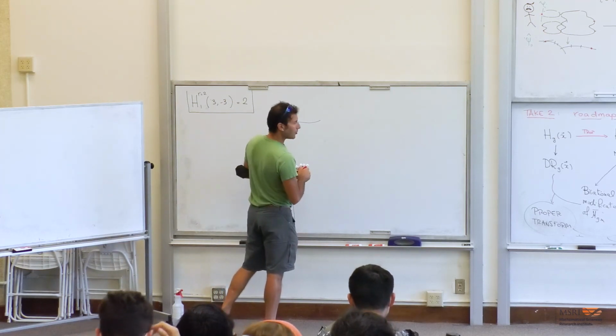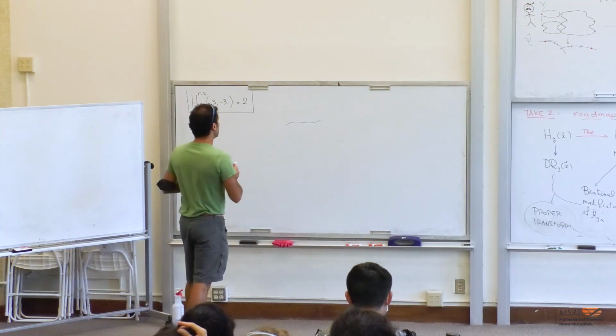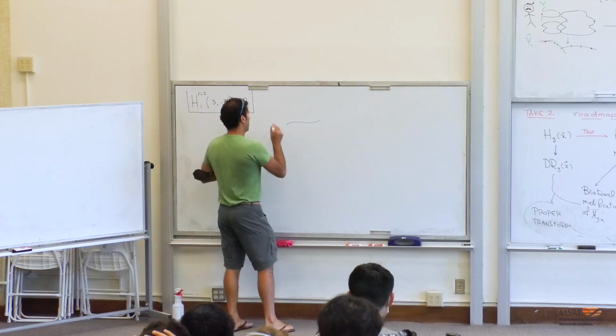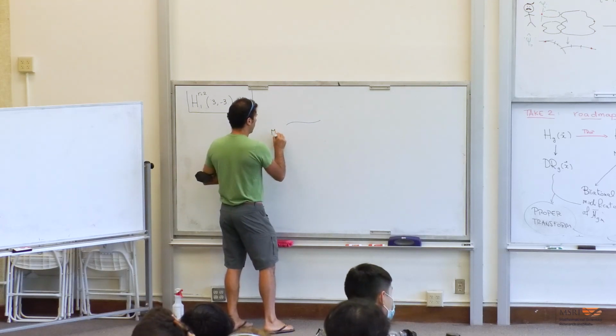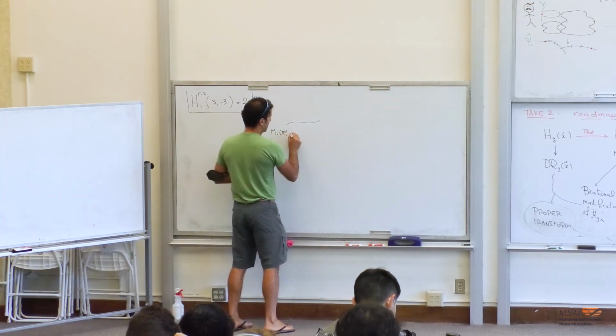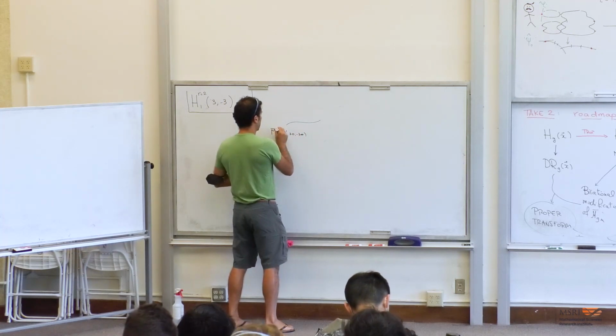I have to be careful with my colors because I have a finite number of colors. So let me first say this is going to be M1 P1 3 0 minus 3 infinity bar rubber.